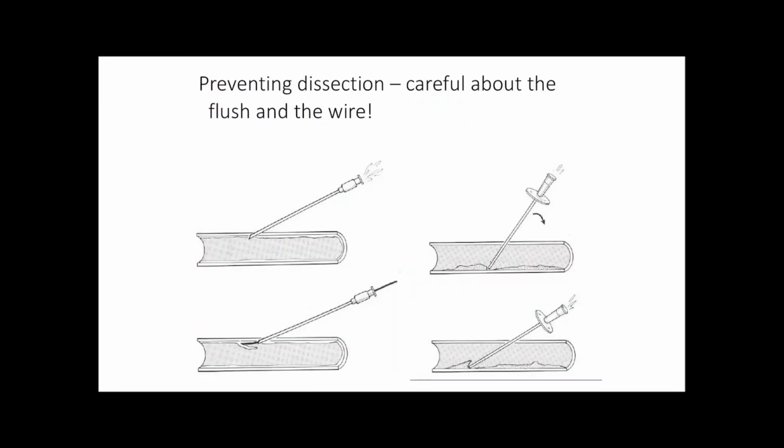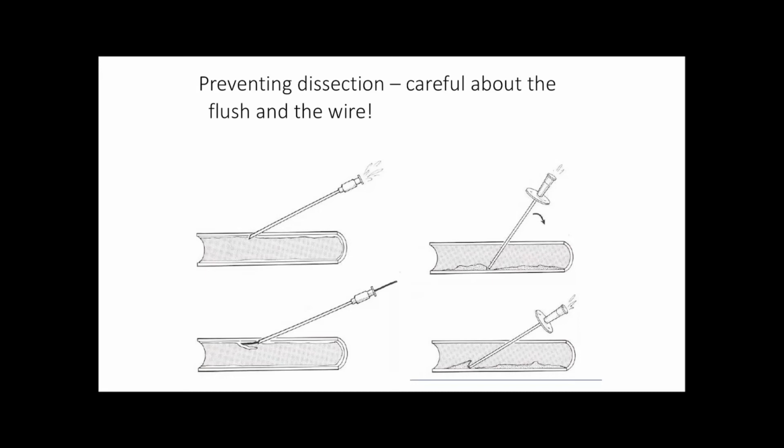Coming to preventing dissections, what are dissections actually? Dissections can happen because of the wire, because of the hardware that you are taking in and out. Wire dissections can happen, and they are mostly retrograde.